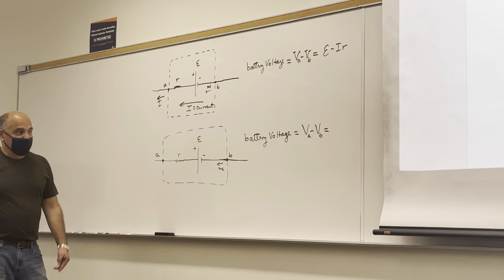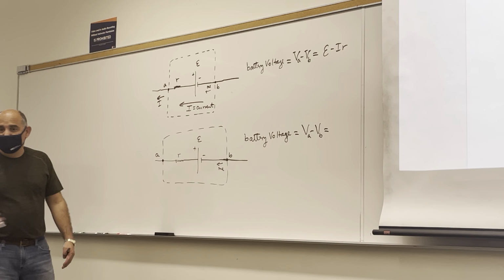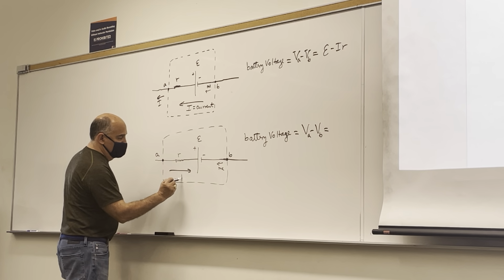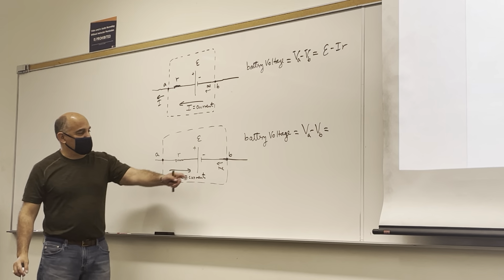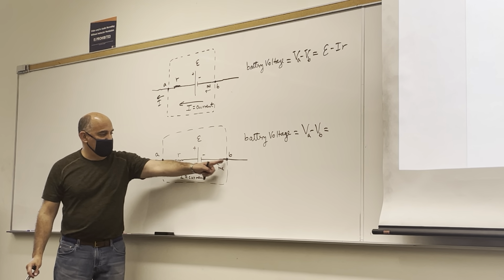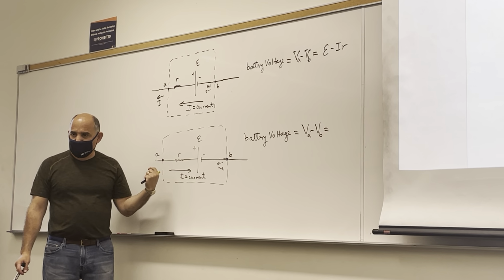But what if this is a battery that's getting charged, so that the current is in the opposite direction? This I is the current, not me. And now I'm going to make the trip from B towards A through the battery, right?